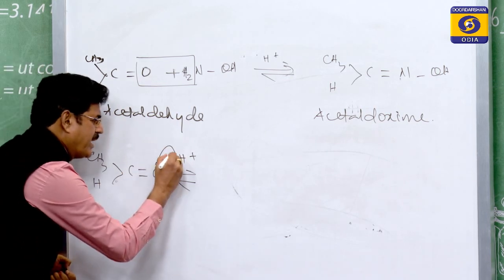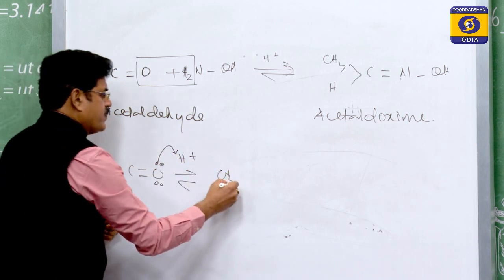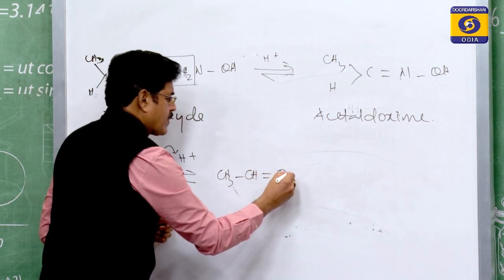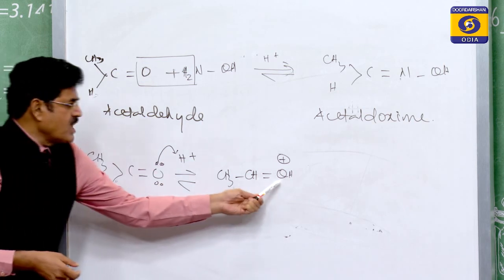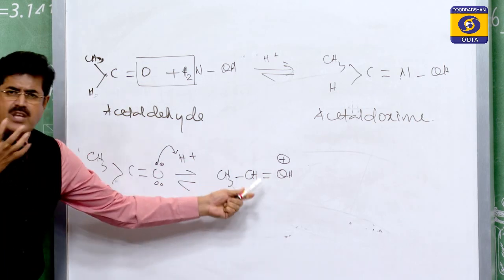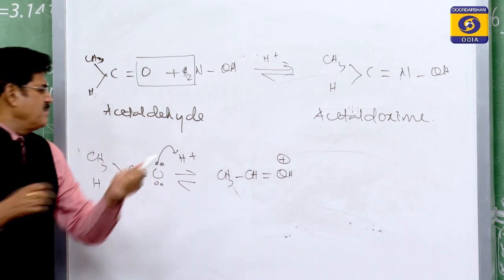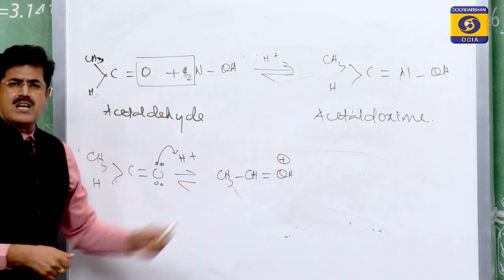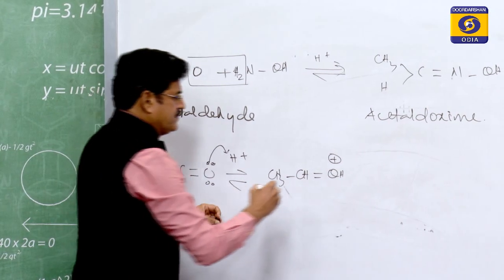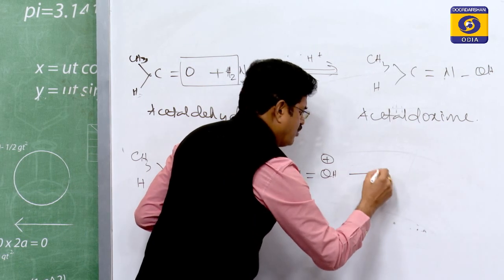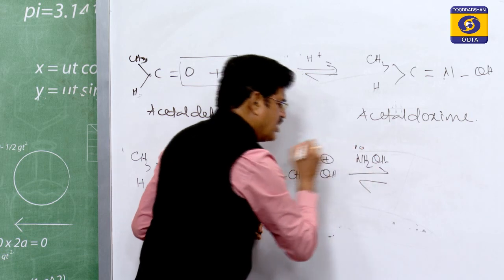So it can donate an electron pair to the H plus ion, or protonation takes place, resulting in an oxonium ion. As there is a positive charge over the oxygen atom, it strongly withdraws electrons from the carbon atom, making the carbonyl carbon electron deficient, so it can be easily attacked by the nucleophile. Now nucleophilic attack is possible.